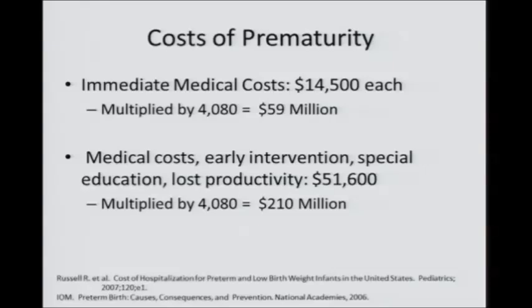The extra costs are $14,500 per preterm infant, and when you multiply that by those excess cases that could have been prevented, that's $59 million that the state is potentially paying for, and especially if you do these Medicaid comparisons, that really strikes home.